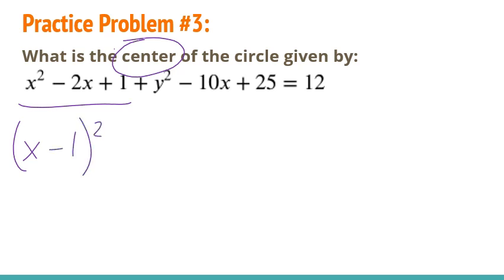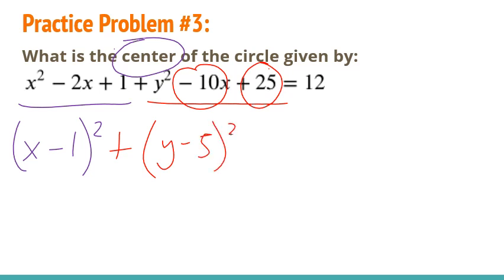That number is -1. So that's my factored form of that part. Then if I look at the y's, I do have a number that multiplies by itself to 25 and adds to -10. That number is going to be -5. So just like that, I factored this equation, and now I can answer their question, which was what's the center? I flip my signs, and that's my center.